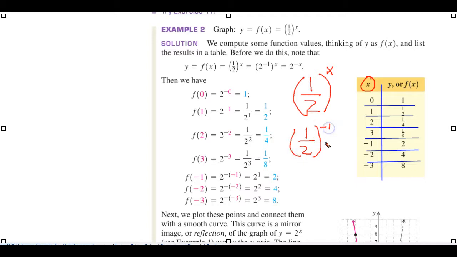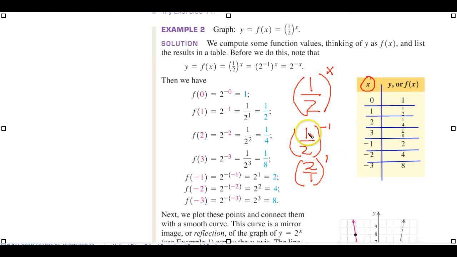to the -1. We had said a technique earlier was if you have a fraction to a negative exponent, all you had to do is flip it, that is, take its reciprocal, and the exponent then becomes positive. So, in a sense, when you have negative exponents here, you're going to take the reciprocal of that and it becomes a whole number.